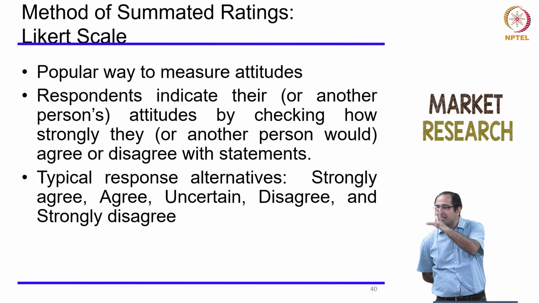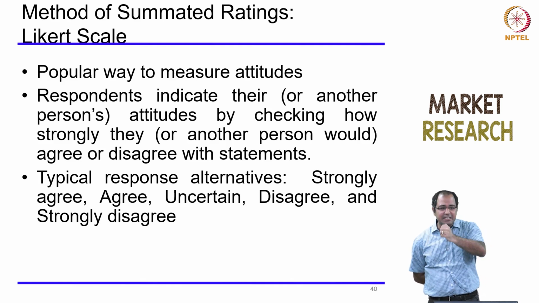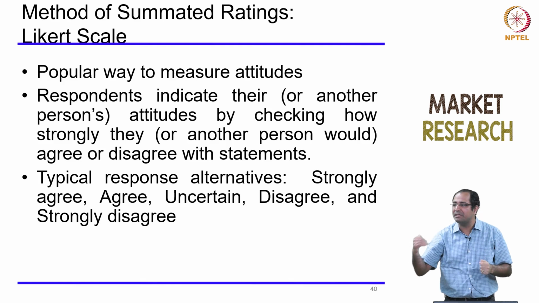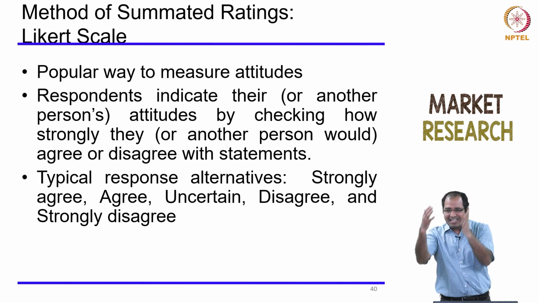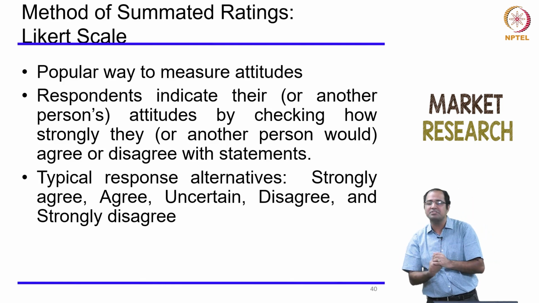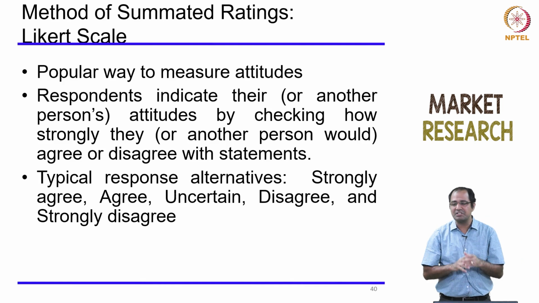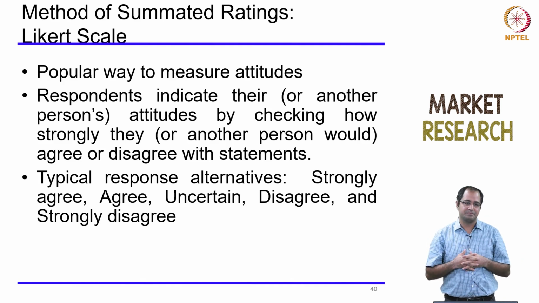So you will take either the summation of all the scores on all the statements to measure the attitude, or you will take the average. Generally we take the average, but average is arrived at after taking the sum and dividing by the number of statements. So we call them summated rating scales.